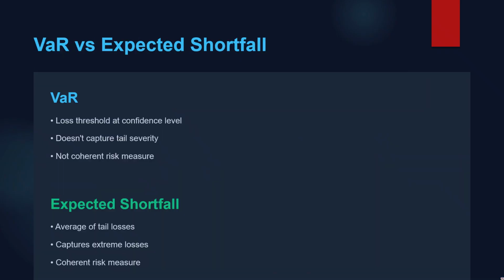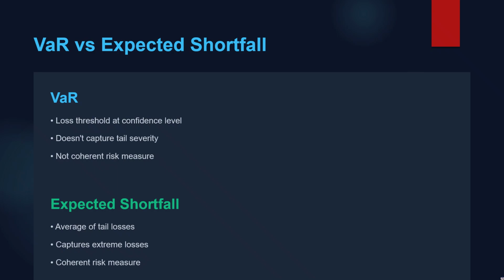Let's directly compare VAR and expected shortfall to understand their differences. First, VAR. It represents a loss threshold at the confidence level. It is the boundary point, that is, losses will not exceed this value X% of the time. VAR doesn't capture tail severity. It tells you nothing about how bad losses might be beyond the threshold.